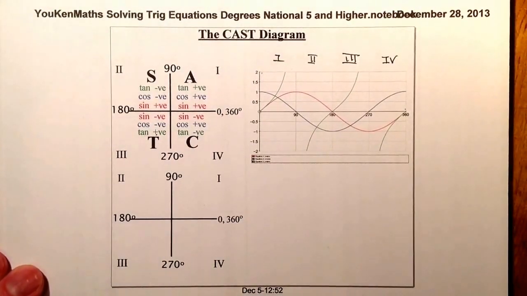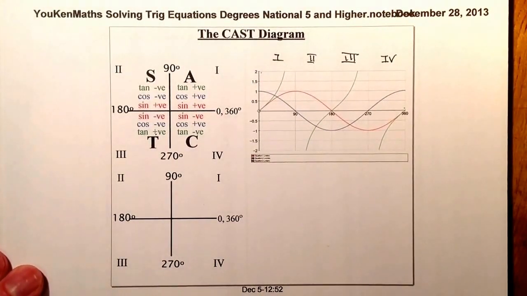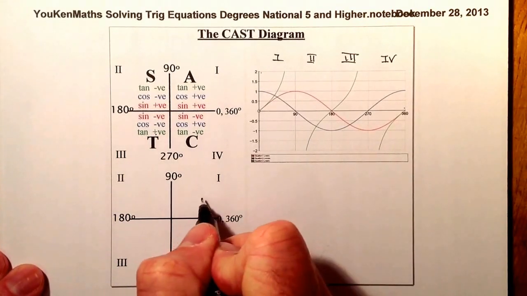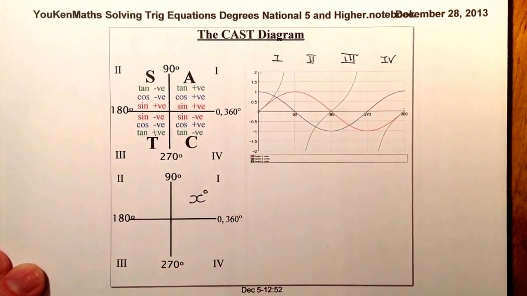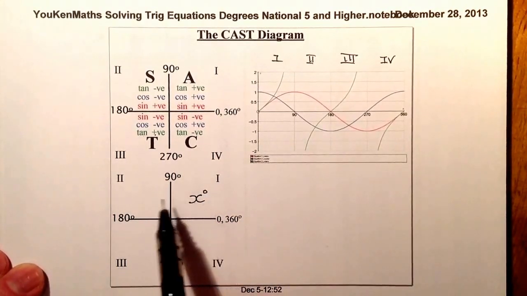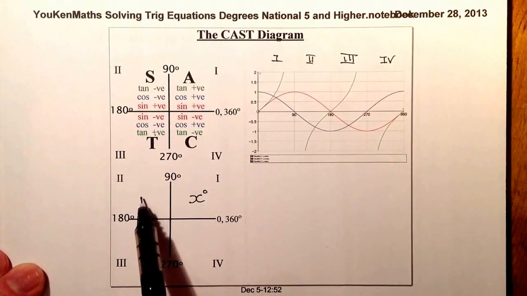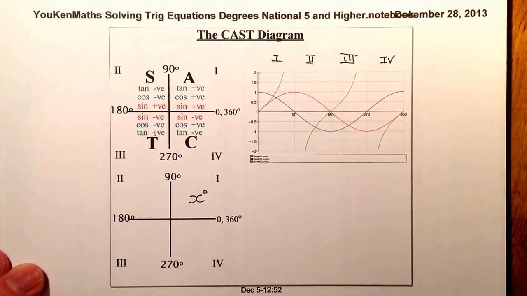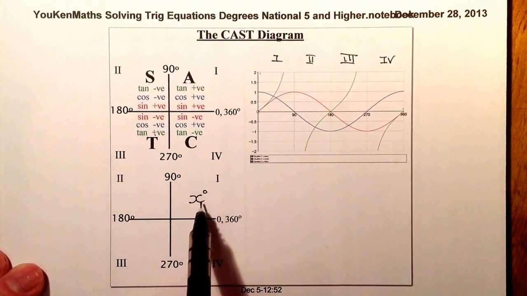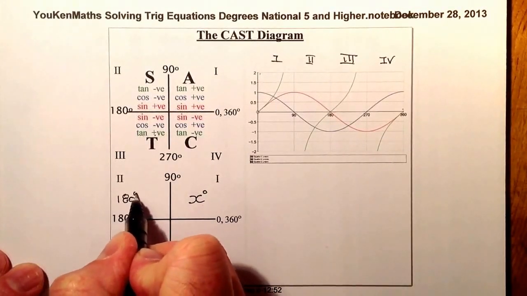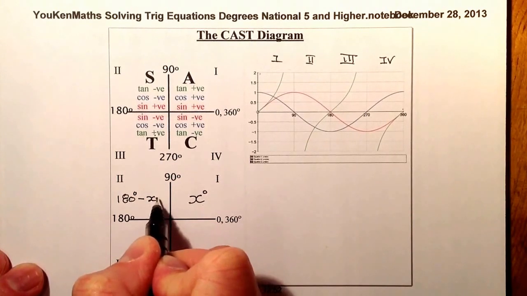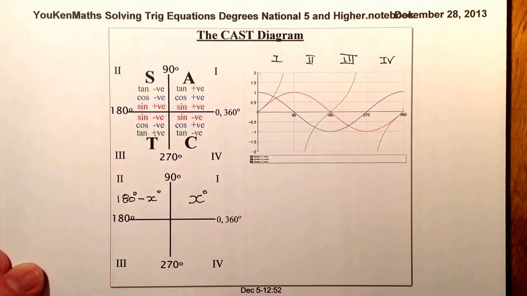Now through the questions that we've got from now on, I'll be finding an angle that's in here, which will be the acute angle. So that will be x, and it will be in degrees. I'm then going to try and find a related angle that will be either in this quadrant or this one. After I've found the acute angle, I'm going to start with 180 degrees, and substitute x to find out the value in that quadrant.